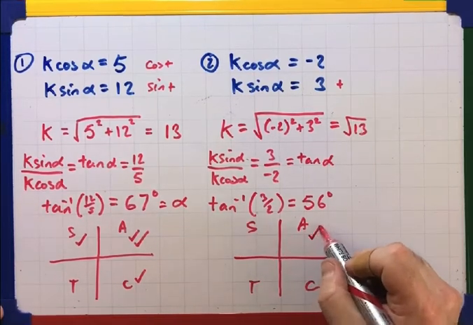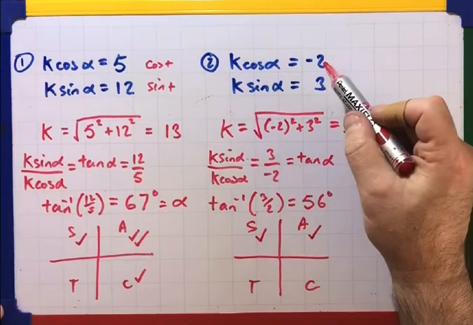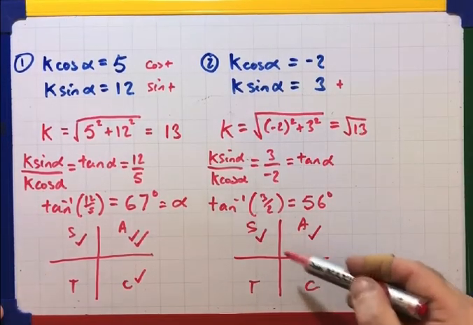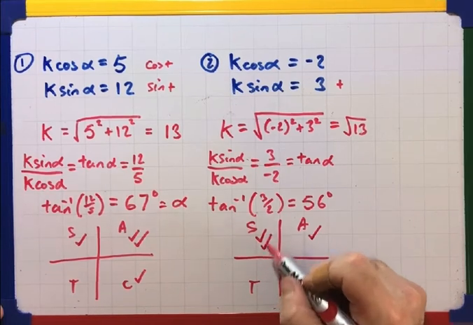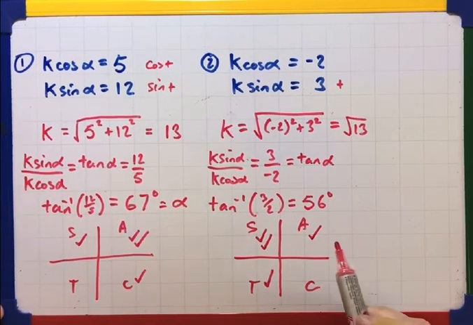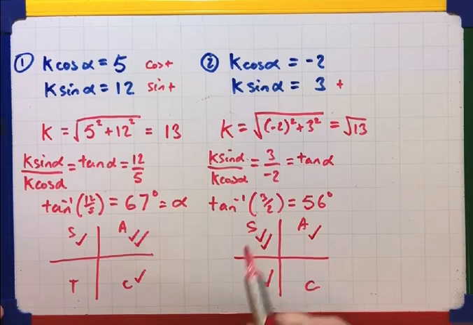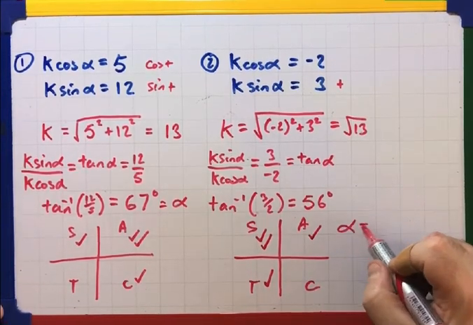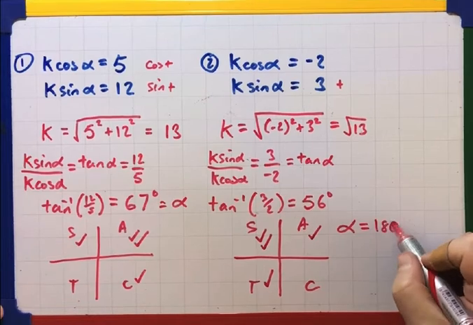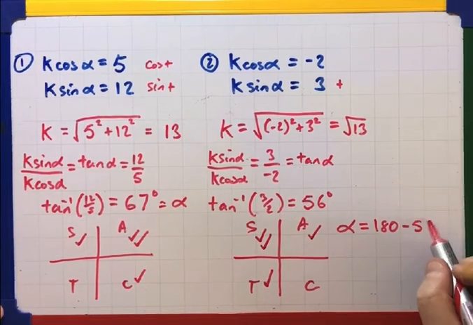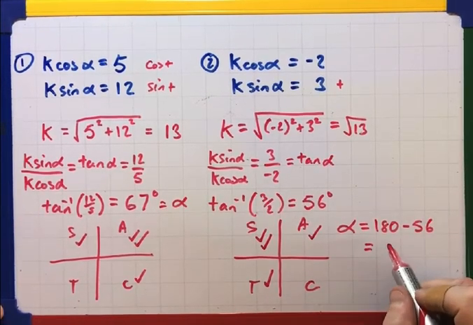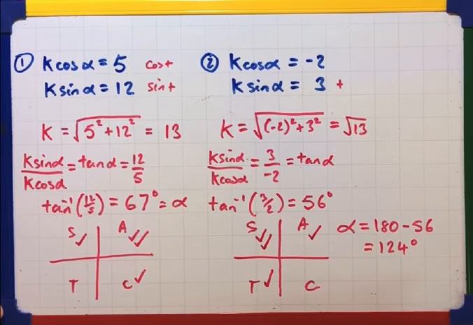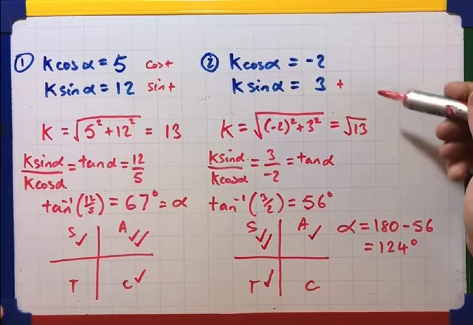But look, we've got cos is negative. Well, cos is positive in those two, so it is negative in those two. So we can see where those two agree, it must be a second quadrant angle. So the actual angle we want is going to be 180 minus 56 degrees, which is going to give me 124 degrees. That's how we do these.